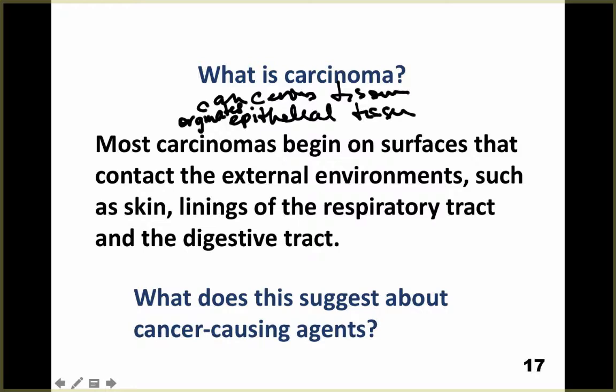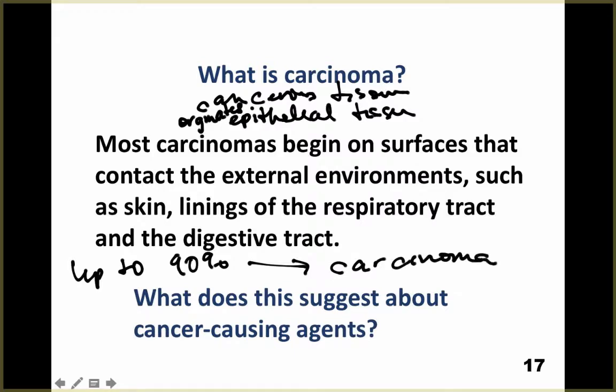Up to about 90% of human cancers are types of carcinoma. Right?